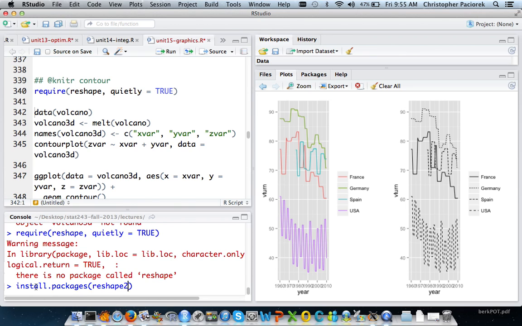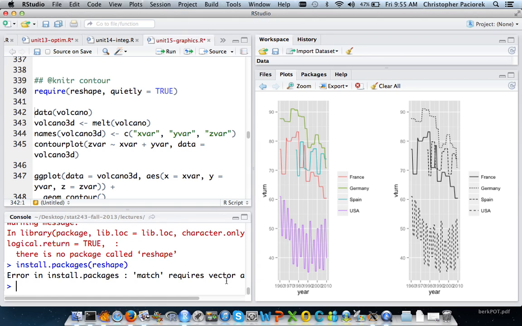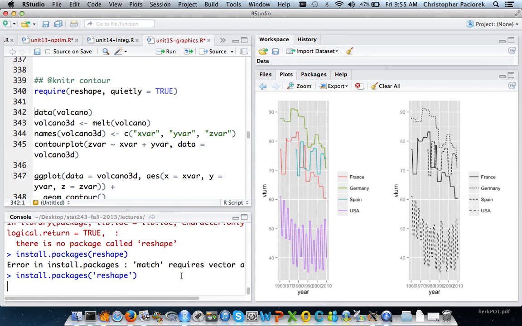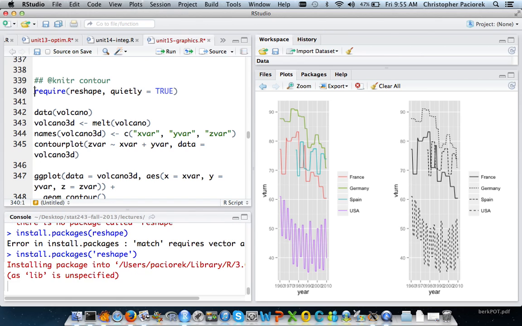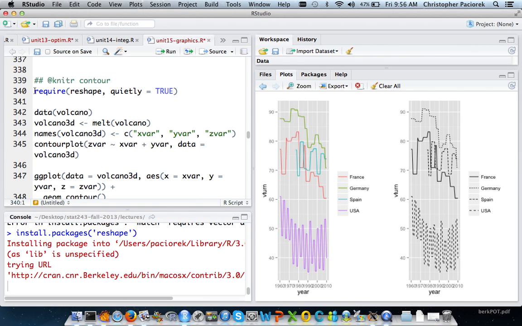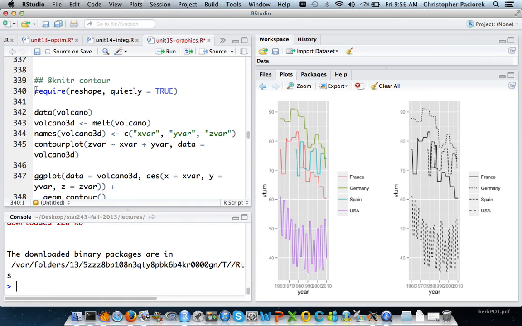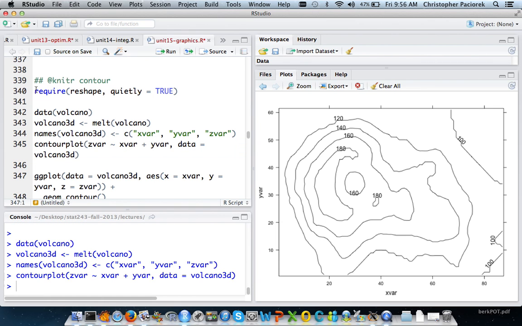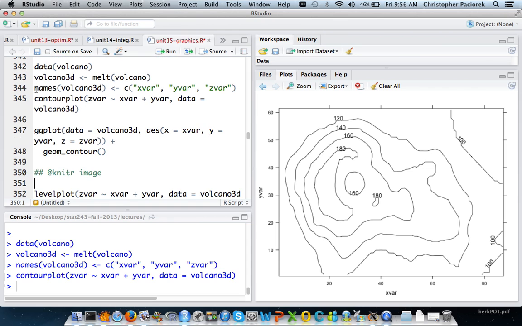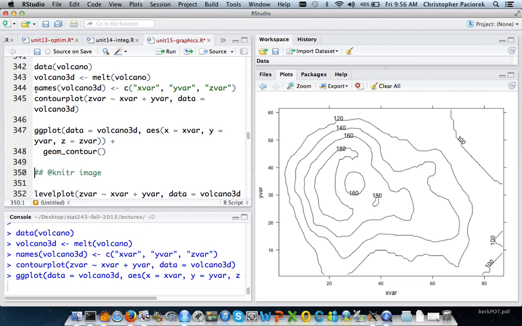I think it's reshape or reshape2. Okay, so you get a plot that looks like that, which can be a nice way of representing 3-dimensional variables. And this would be the ggplot representation of it.